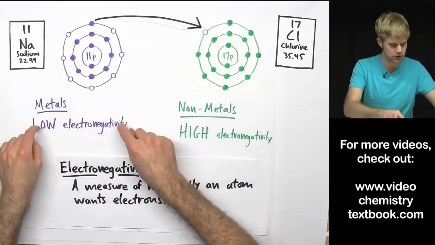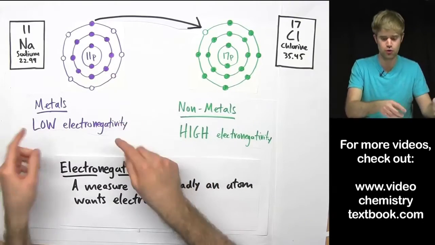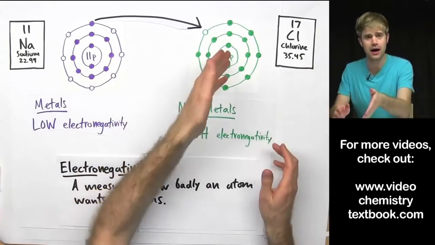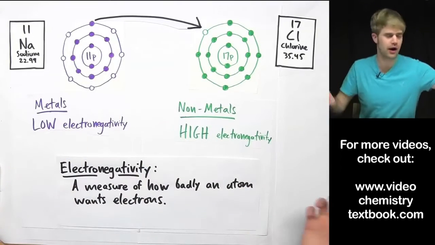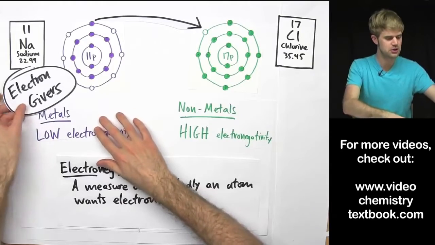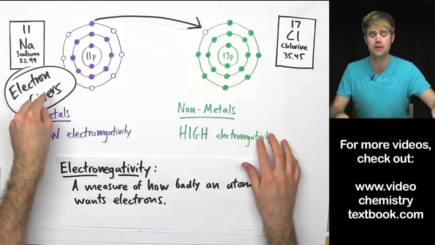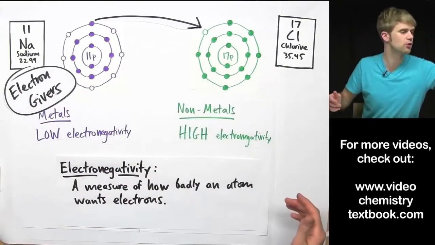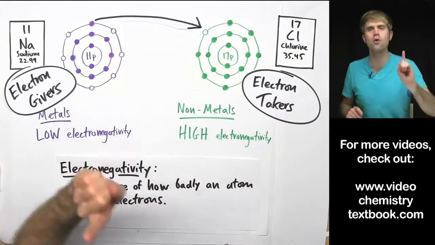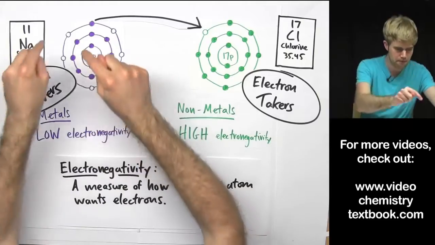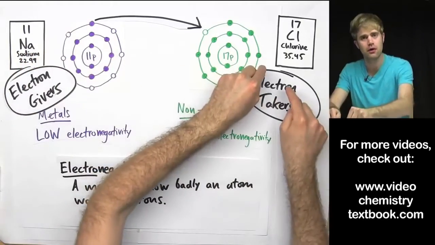They move from the atom with low electronegativity, low greediness, to the atom with high electronegativity. And this is the way it always works in ionic bonding. The metals, like sodium, are the electron givers, and the nonmetals, like chlorine, are the electron takers. Electrons always move from the metal to the nonmetal.